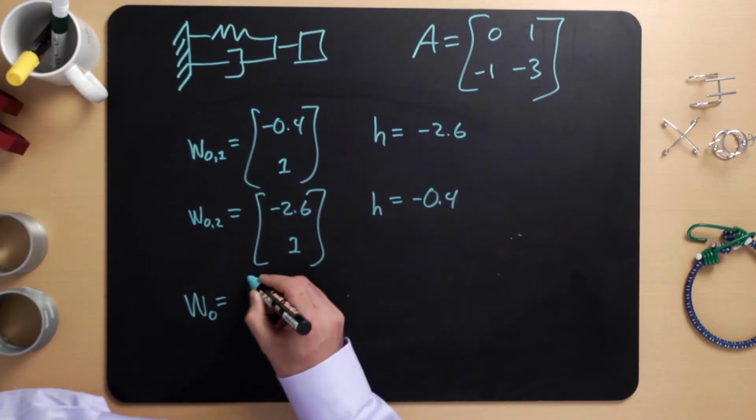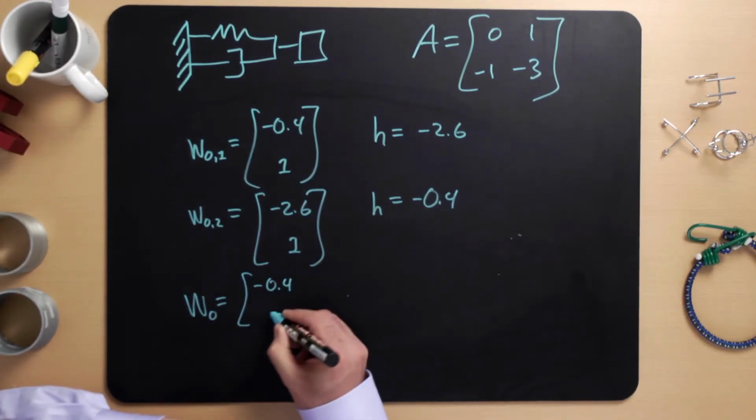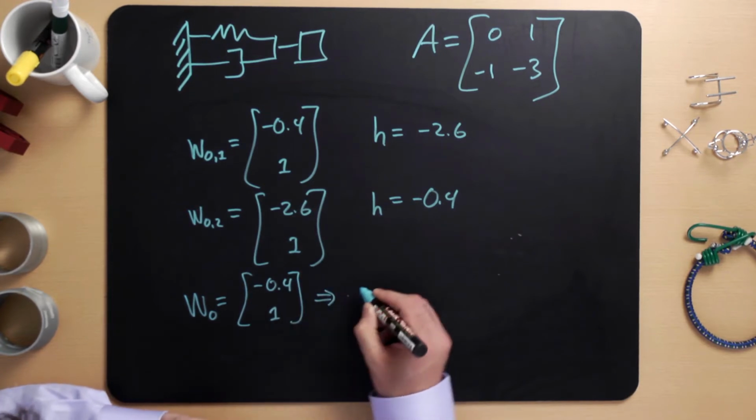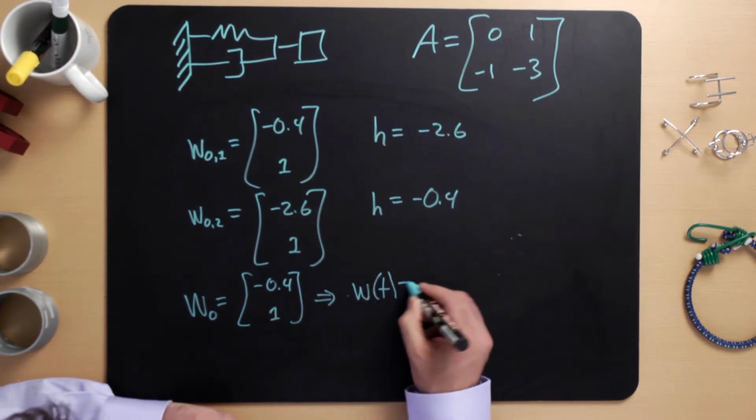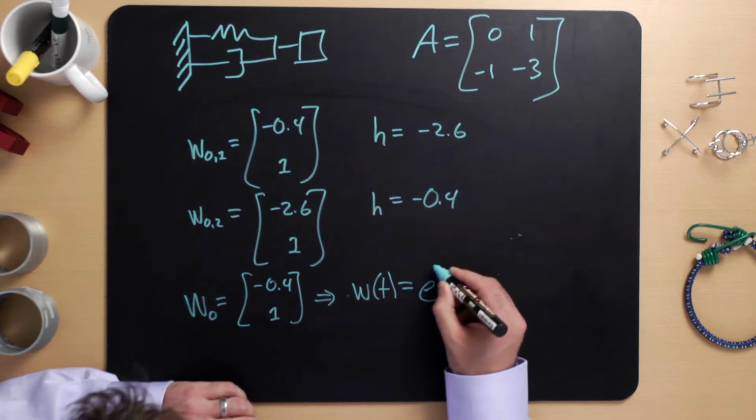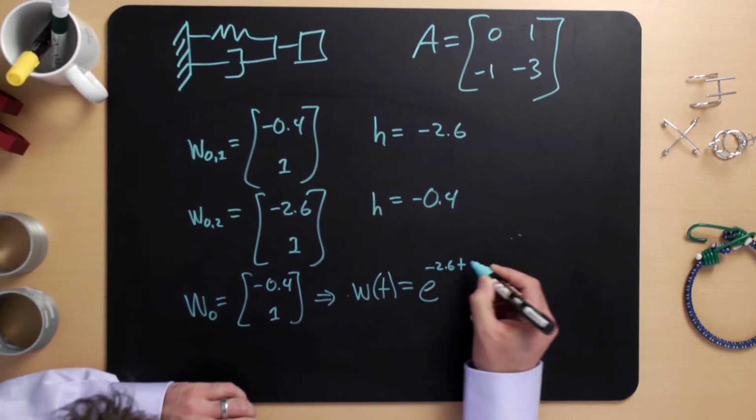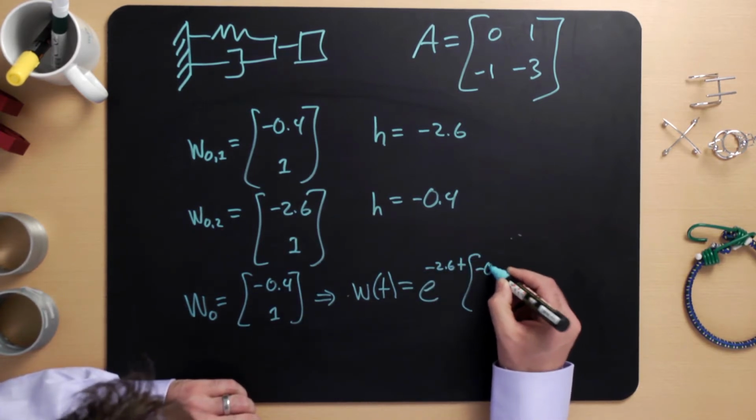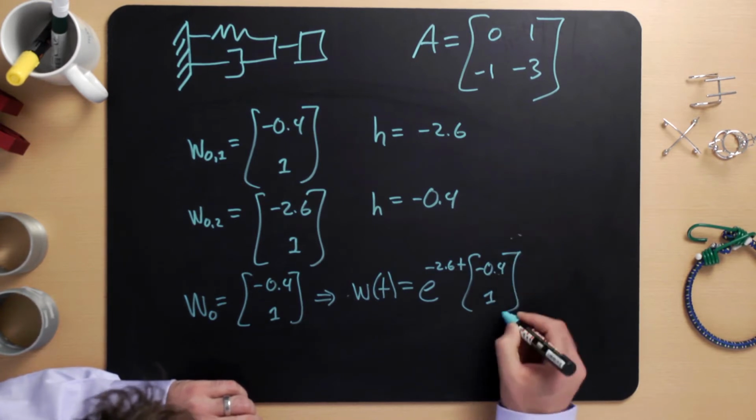What does this tell us? It says that if w0 is equal to w01, then that implies that w of t is equal to e to the -2.6t times w01.